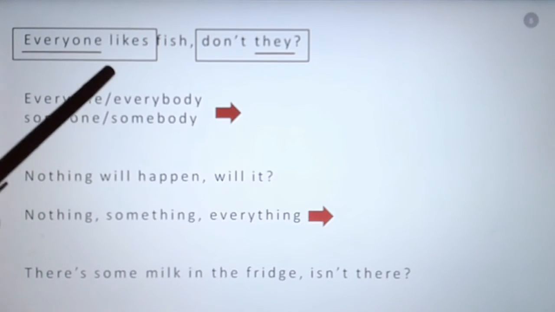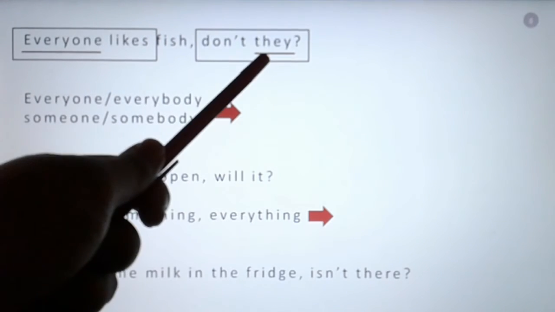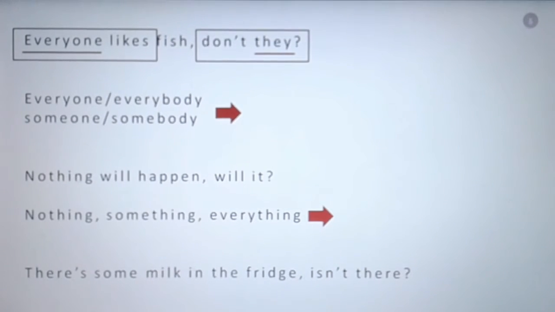So everyone likes fish, don't they? That's why if you see everyone, everybody, someone, and somebody as the subject, you need to change the question tag into they.